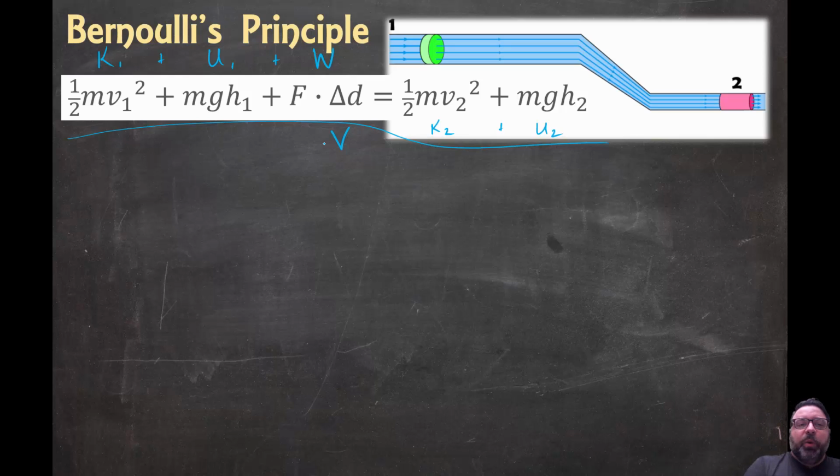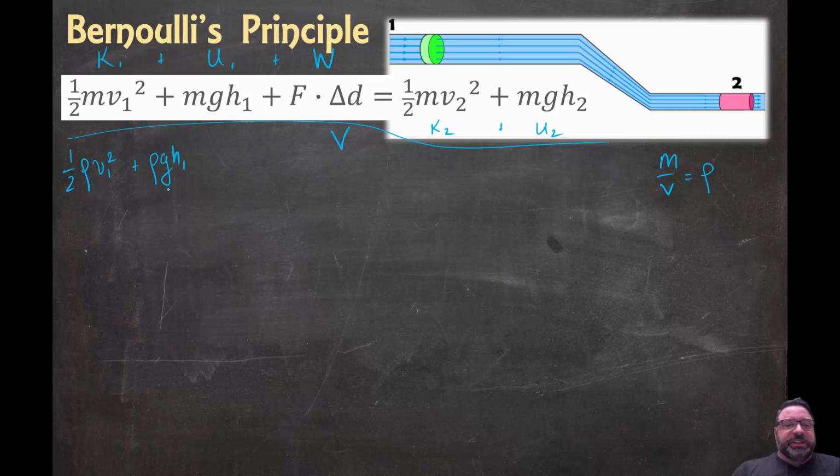You can already see that if I divide mass by volume, I get density. So every mass term is going to turn into a density term. This first one becomes 1/2 density times velocity 1 squared plus density times g h. I used h here; I'll keep using h even though I said y before.